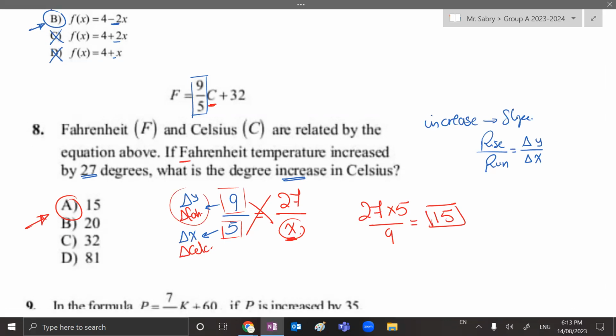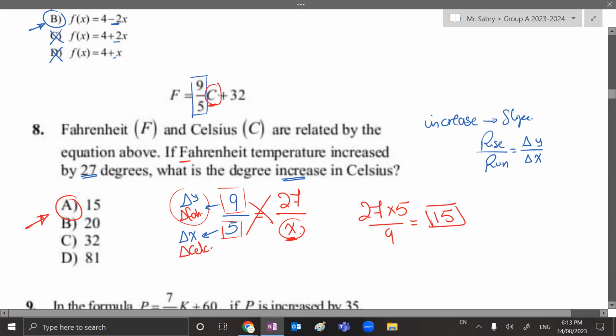So as long as I'm talking على الـ change in x والـ change in y، التغيير اللي بيحصل increase قد إيه، decrease قد إيه، for every x في قد إيه y بتزيد، والكلام ده يبقى أنا بتكلم على السلوب نفسه. يعني هيوز السلوب نفسه because السلوب is considered التشينج بتاع الـ y over التشينج بتاع الـ x، وأنا من الإيكويشن نفسها هعرف مين فيهم الـ x ومين فيهم الـ y. الـ Celsius هي الـ x ولا الـ Fahrenheit هي الـ x؟ It depends على الإيكويشن. اللي معمول تايمز السلوب اللي هو الرقم ده كده يعتبر الـ x وده كده أكيد يعتبر الـ y.